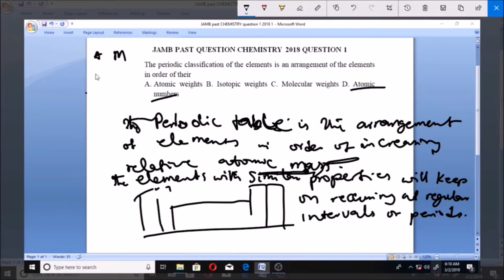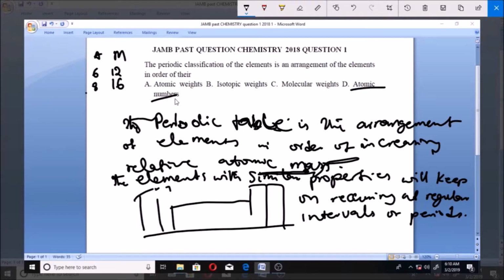Something that has the atomic number of 6 will have the mass number, or atomic mass, of 12. The one that has 8 will have 16. So you have this type of increment. So actually the periodic table is arrangement due to the atomic numbers, or you call it atomic masses. So that is the correct option, the D.